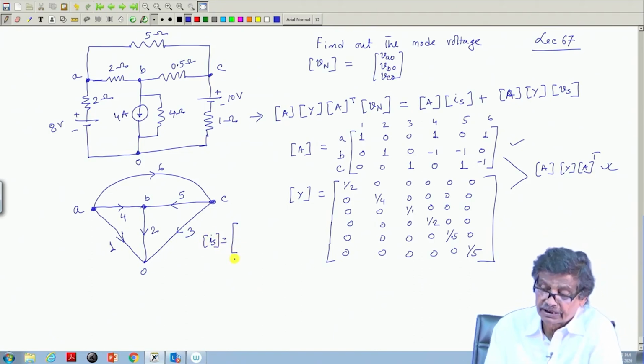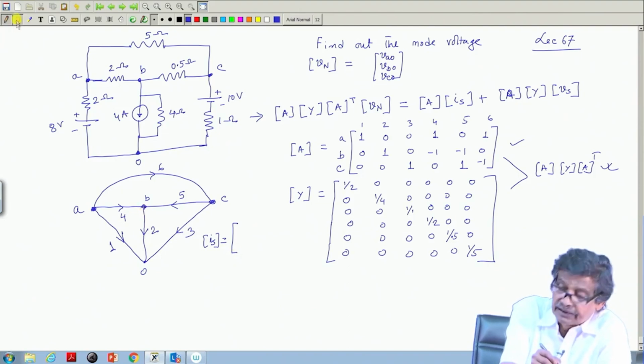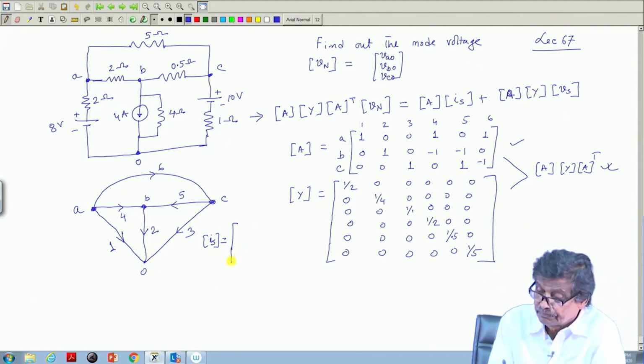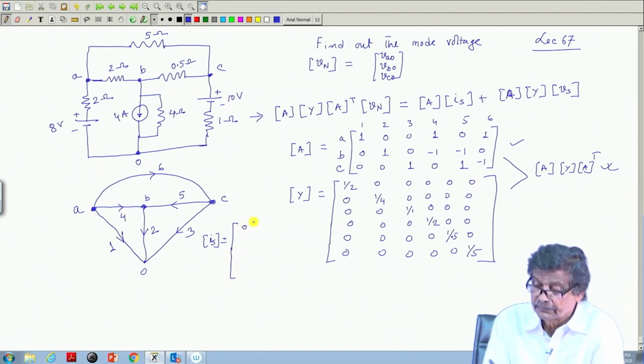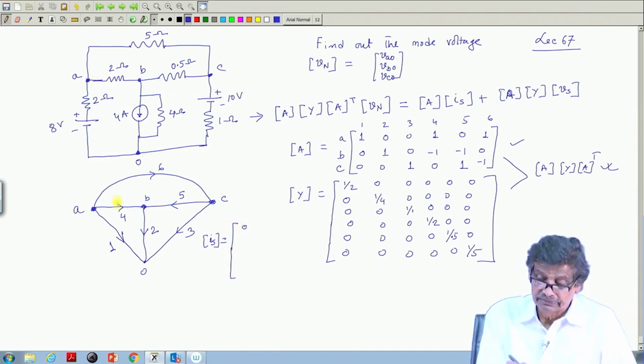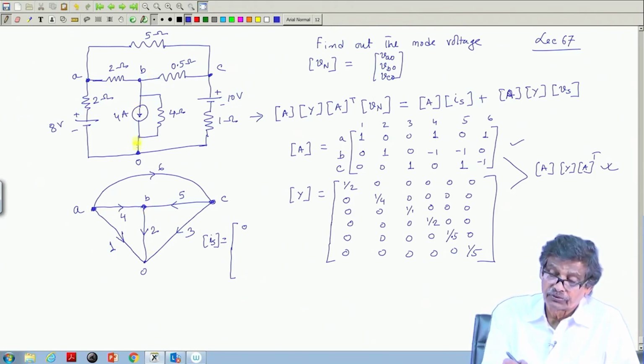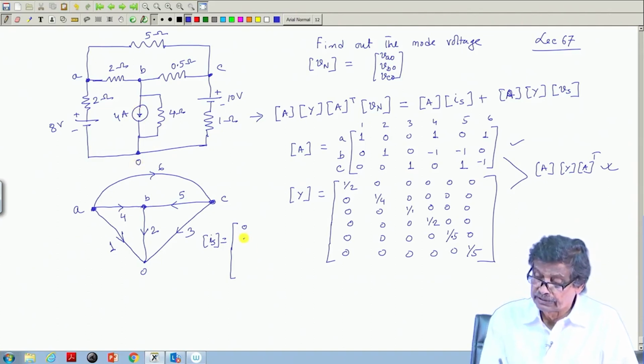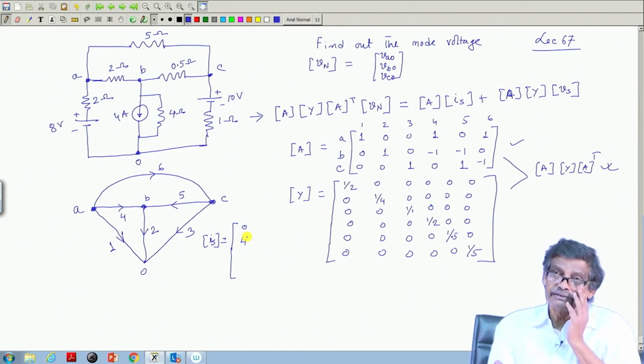It will be a column vector. In node 1, is there any current? No. In element 1, no current source. Element 2, yes, there is a current source 4 ampere. So, that will be 4 in element 2. Should it be plus or minus?